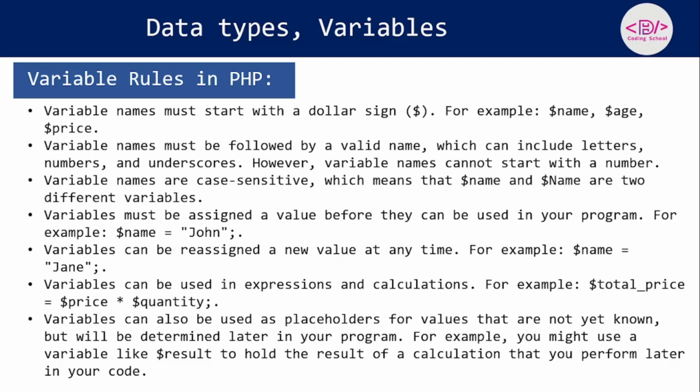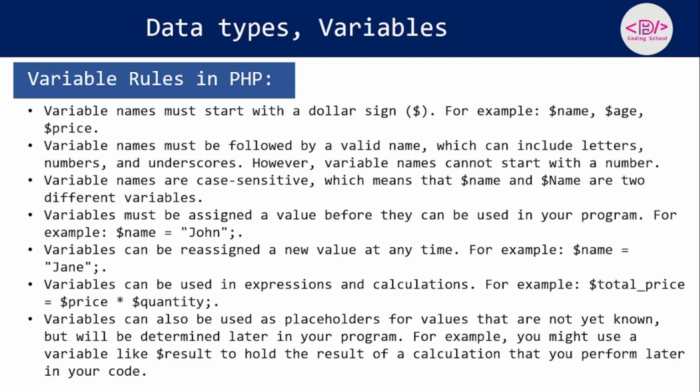Let's look at the rules that govern how you create your variables. People normally create variables, and then you find you're having some errors with the variable name, how you are choosing it. How do we create variables, and what are the rules that we normally use in PHP to create good variables? So variable names must start with a $ sign.